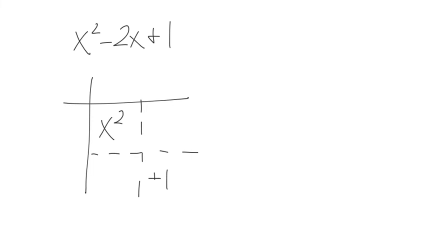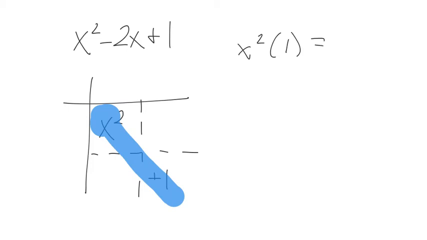Okay, now here is where the sum and product rules are really key. Remember that the diagonals have to multiply to be the same. So here I have x squared multiplied by 1, which is just x squared. So that means that whatever I place along the other diagonal had better multiply to give me x squared.